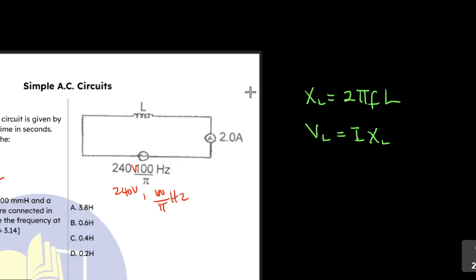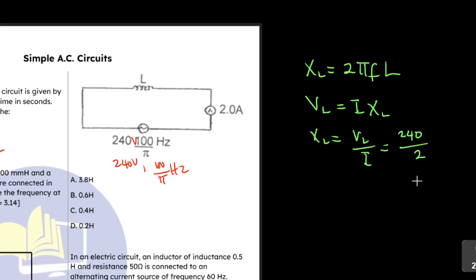So XL is going to be VL divided by I. Our V is 240 and our I is 2. So from here, XL can be calculated as 120 ohms.